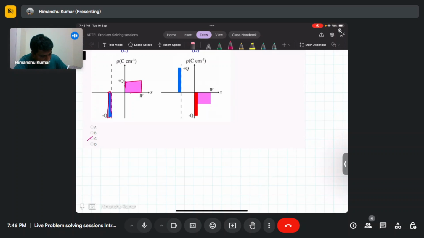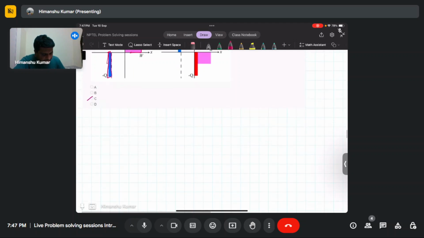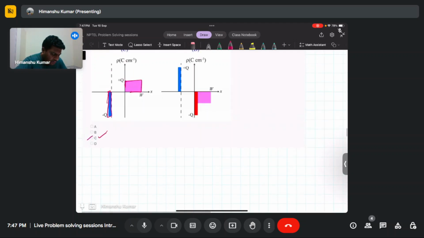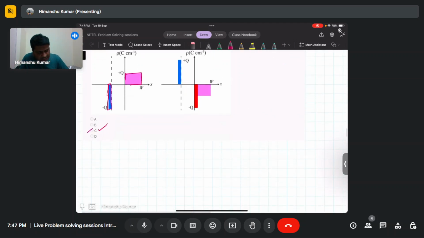This charge will appear on the other side of the gate and will be transferred by the applied gate bias or battery. So the correct answer is option C, the depletion of the substrate and the accumulation of negative charge at the gate metal interface.